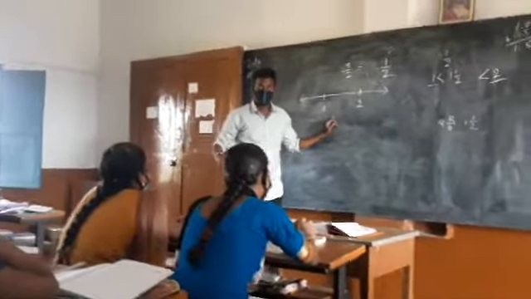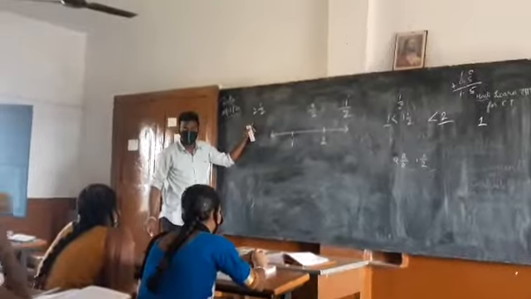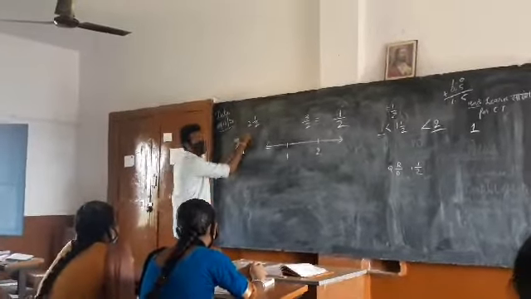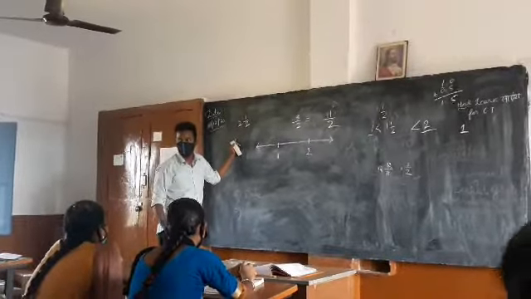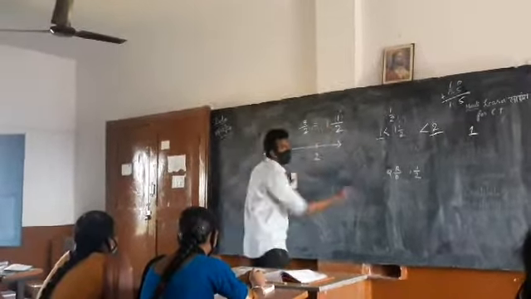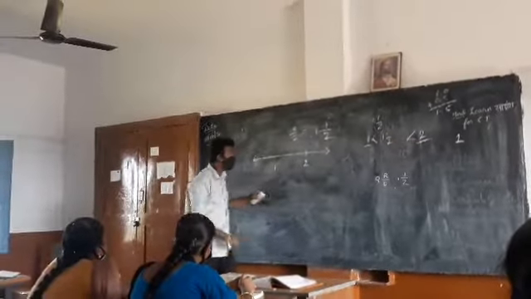If I needed to plot 2 1 by 2, what are my integers? 2 and 3. Yes, it is obvious. More than 2, lesser than 3. Understood? As it is 1 1 by 2 for me, more than 1, less than 2. So I am plotting between 1 and 2.